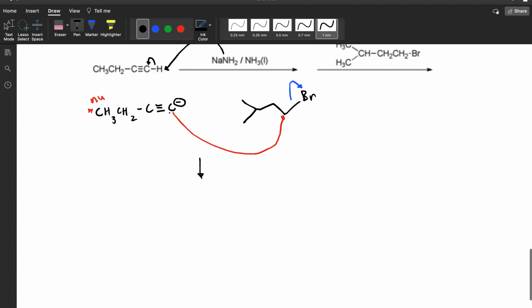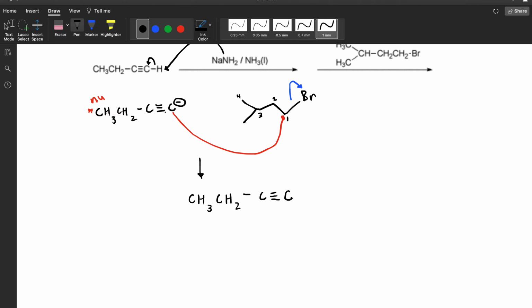In the end, what you have is something that looks like this. You still have this base structure, this CH3, CH2, bonded to a C triple bond. You still have that C, but now you have to look at this. You have to start on this side. So this will be 1, 2, 3, and you can make this 4, and then this is the subunit of 3. And so I could draw this in like this.